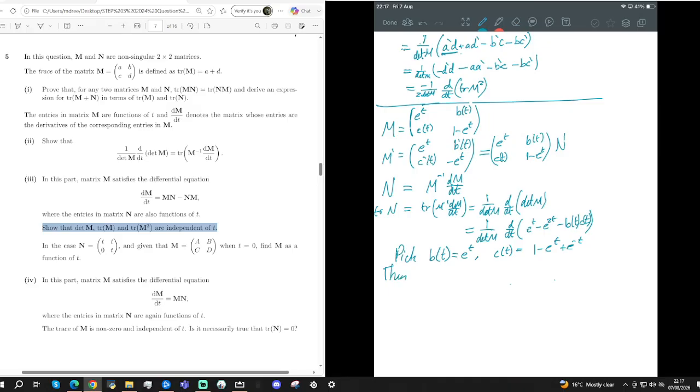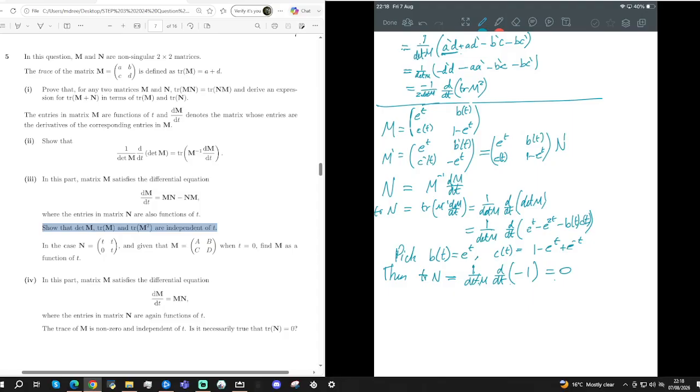Then the trace of n is 1 over det m. I should really check that det m is non-zero, but it's going to be 1 by the way we've set this up. So then that expression here is going to simplify massively. We've got the right things. This is just going to be equal to -1.